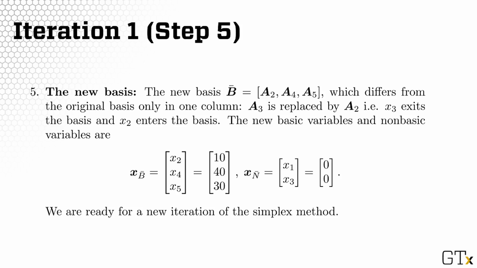So A2 enters the basis, and x3 exits the basis. So the basis becomes A2, A4, and A5.